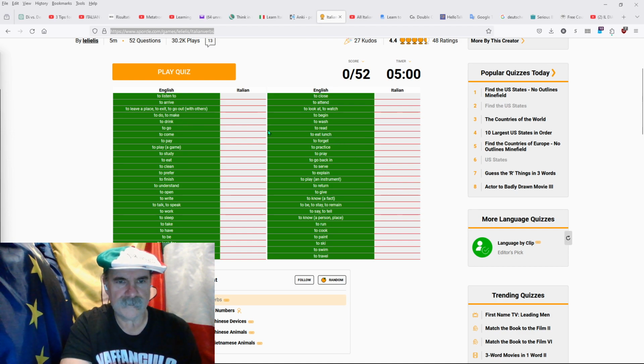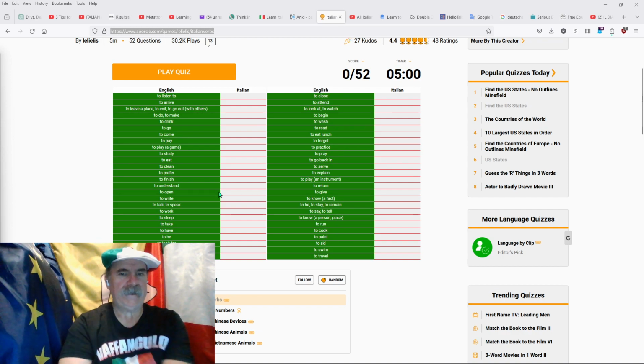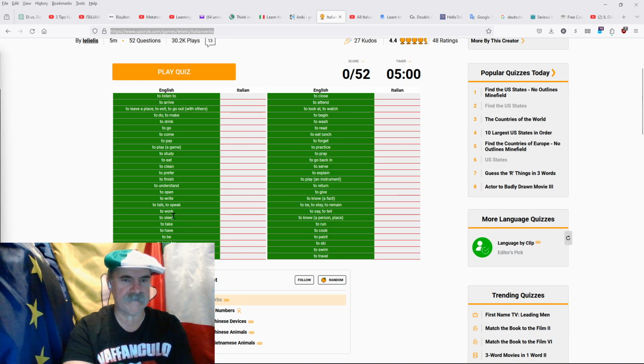And then there's like 3 or 4 of them that I'm weak on. But the rest of these are all pretty useful day-to-day verbs, I think. And they're all regular. Oh, no, they're not all regular because Sapere and Avere are in here.